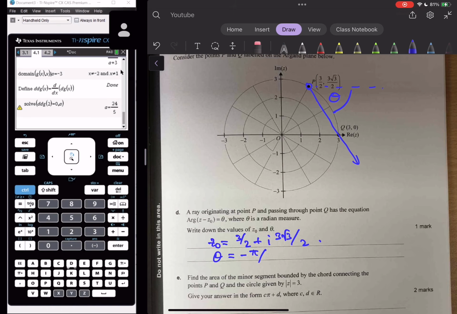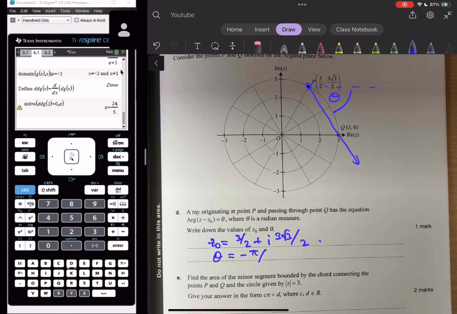So how do we compute that? Well, we know this is an equilateral triangle here, because this angle is already 60 degrees, so the other two angles are also 60 degrees.